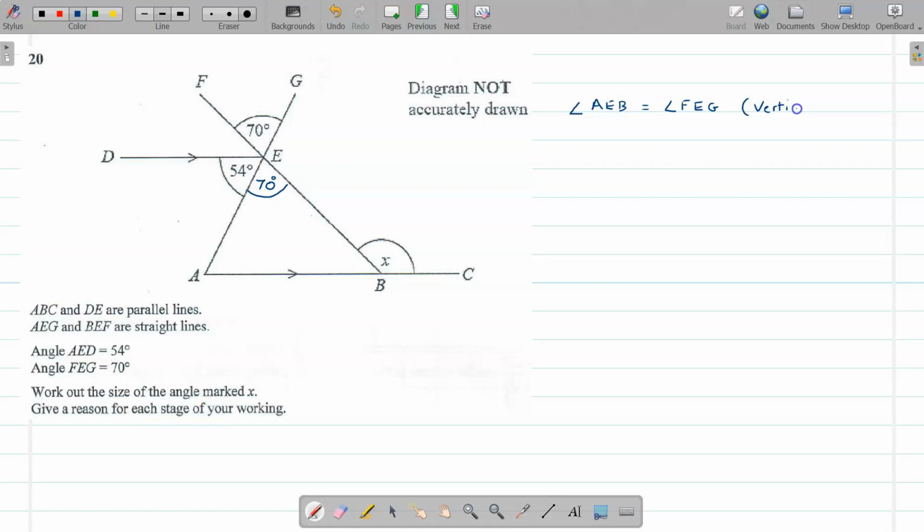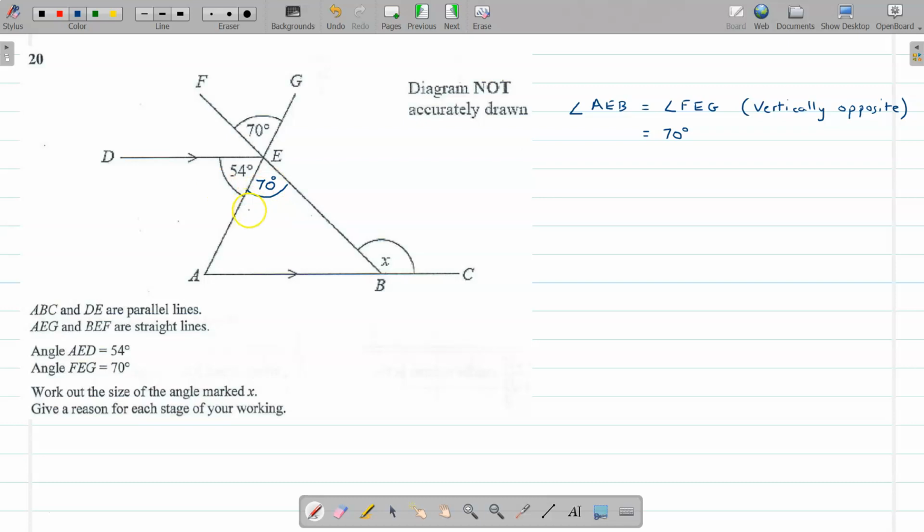You can just say opposite, but vertically opposite is the correct term. Now that's a mark because you've worked out an angle, and you can just say equals 70 degrees. And you've put that on the diagram as well.